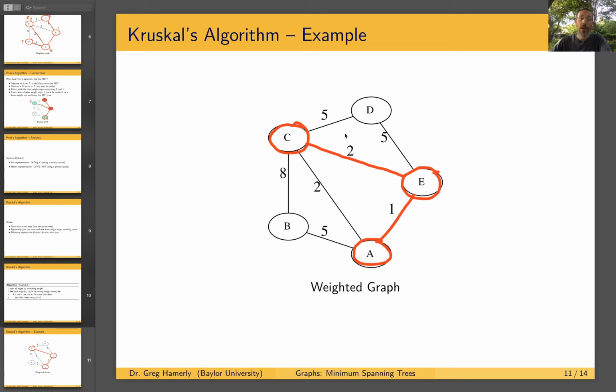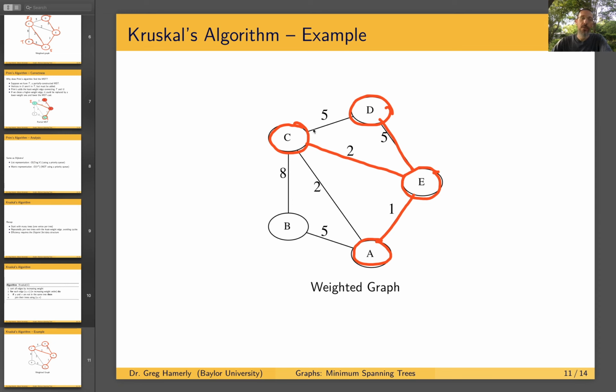So next, let's say we've got 3 edges of cost 5. Let's suppose we take this one next. I don't know, DE. It does not matter which one we take. So we'll take DE. And D and E were part of separate trees, so we add them. Okay.